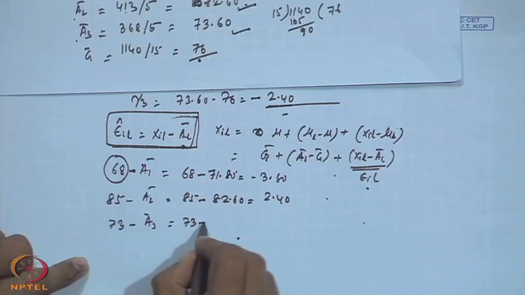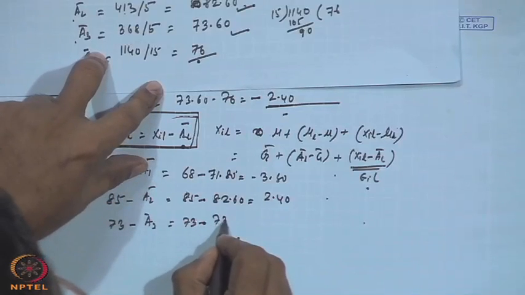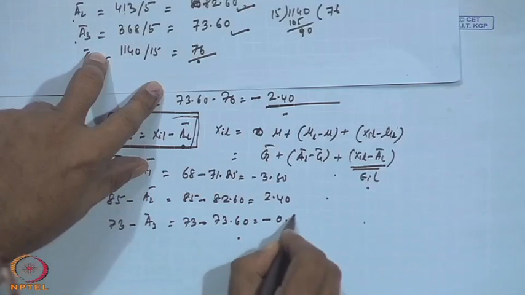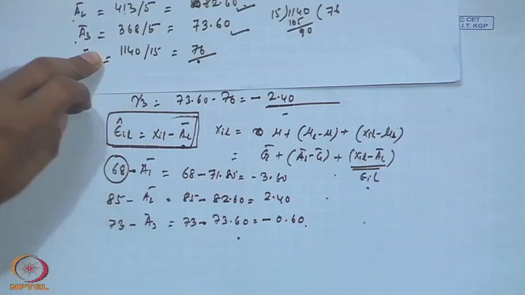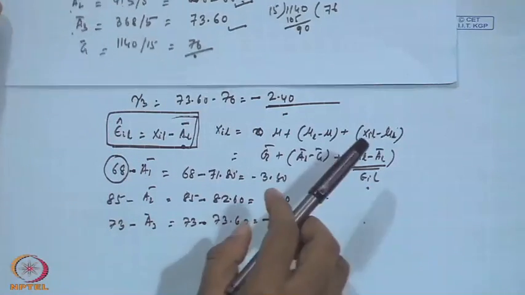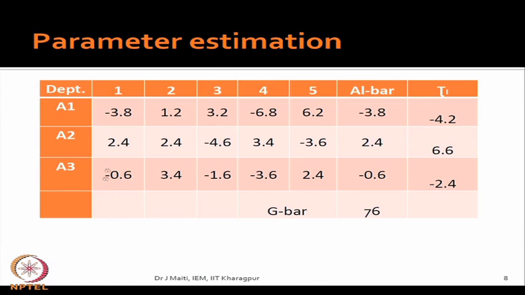Then 73 minus 73.60, this is minus 0.60. So what I mean to say is that for each of the observations you already have one table. Now the means A1 bar, A2 bar, A3 bar you have computed. You subtract each of the cells across A1 by A1 bar, similarly A2 cells by A2 bar, A3 cells by A3 bar, whatever you get, that is the error quantity.